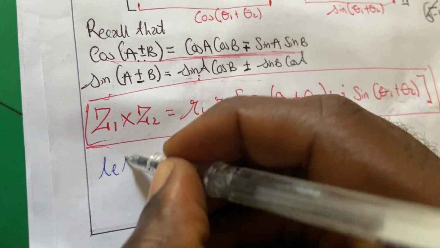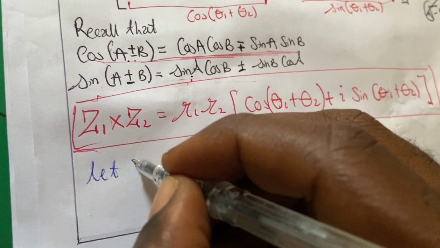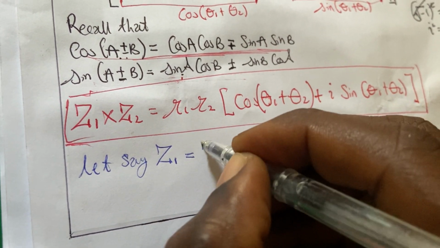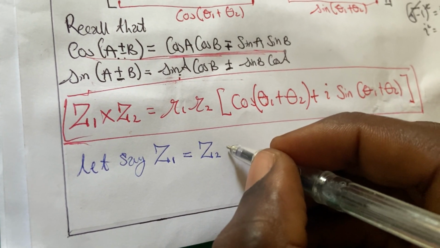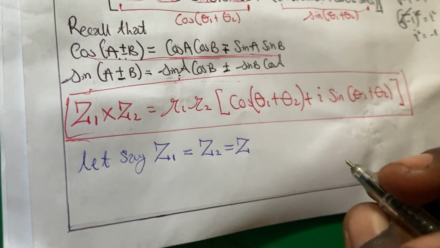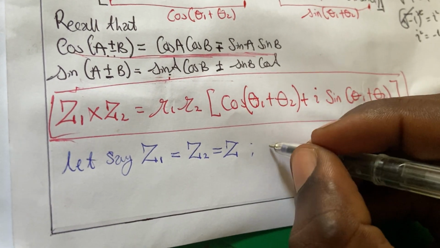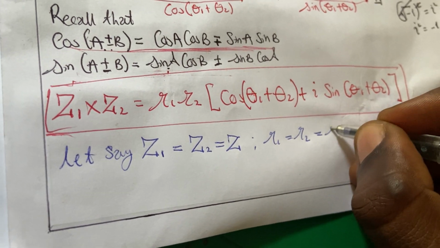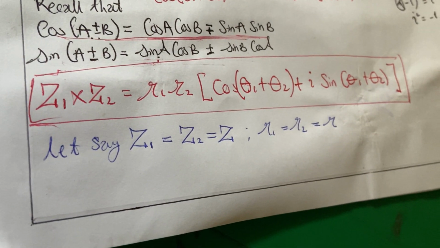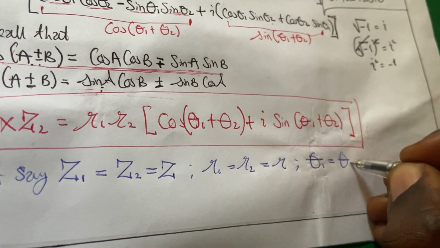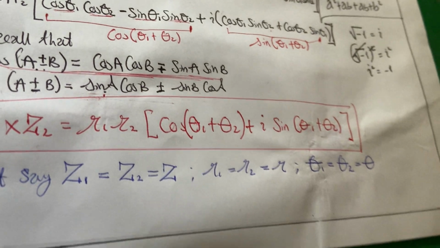Let's say z1 equals z2, and if they are equal, let me give it a general term z. It means r1 will be equal to r2, let's say r, and theta 1 equals theta 2, let's say theta.